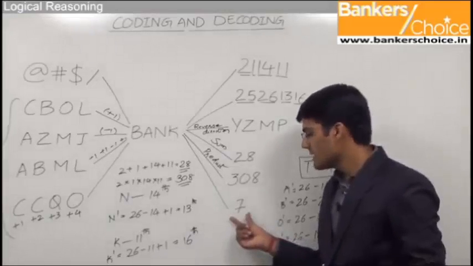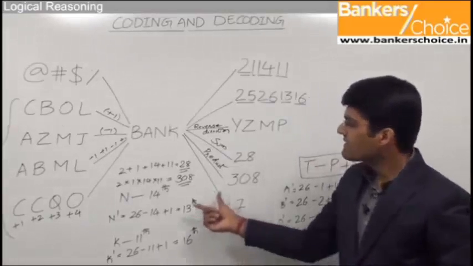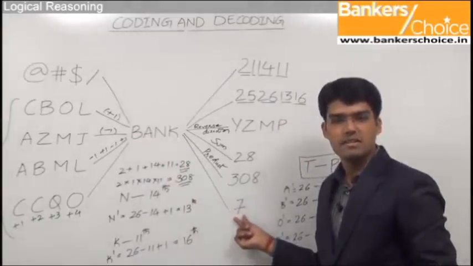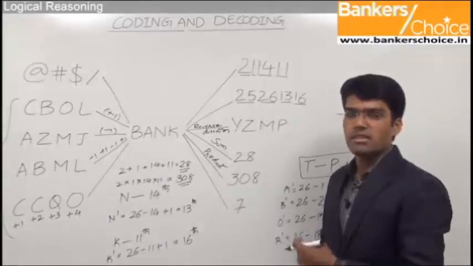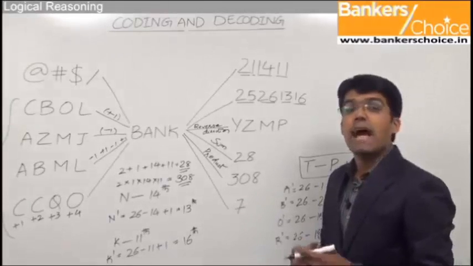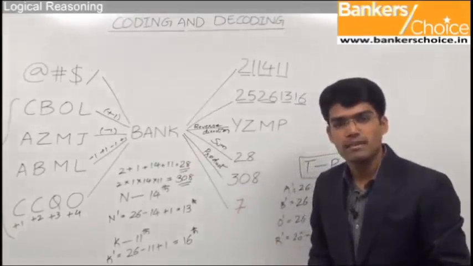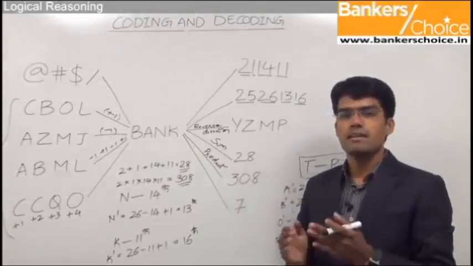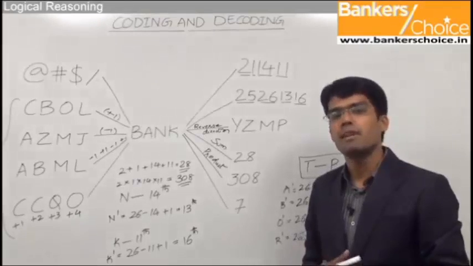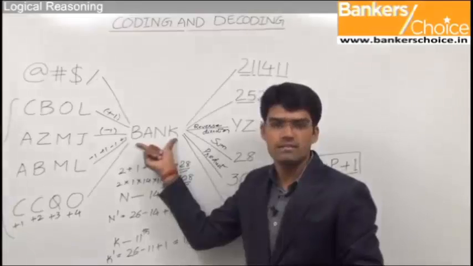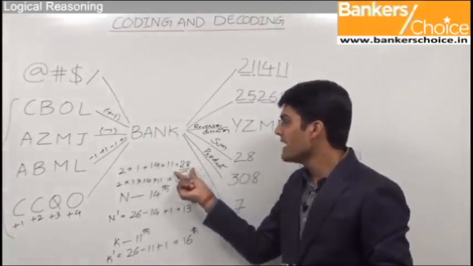And let us now look at the last case here. In this case, the word bank has been coded as a single digit number 7. The logic in this coding is the average of the positions of the letters of the word bank. We know that average is nothing but the sum of all the elements by the number of elements. We have already found the sum of the positions of the letters of the word bank, that is 28.